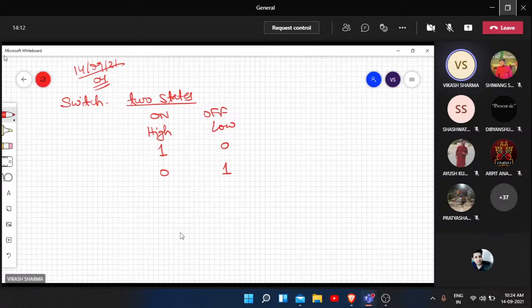Either way, this is for positive logic, and this is for negative logic. So these are some of the options we have in a switch, and we represent the state of the switch by these terms.